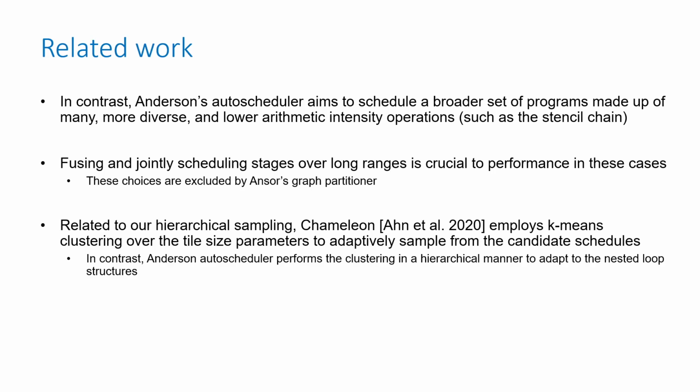Both Anderson and Adams do it, Anderson for GPUs and Adams for CPU. He also mentions that the technique of hierarchical sampling can be seen in the Chameleon autoscheduler, which is a reinforcement learning based autoscheduler, but in the case of Anderson it is adapted to nested for loops.